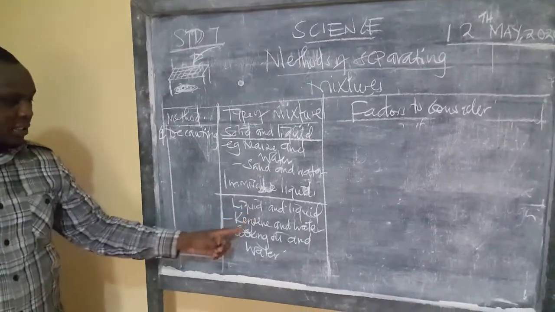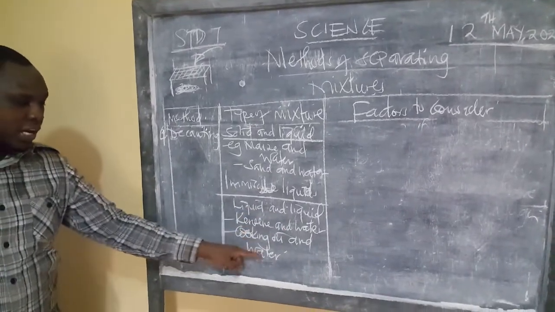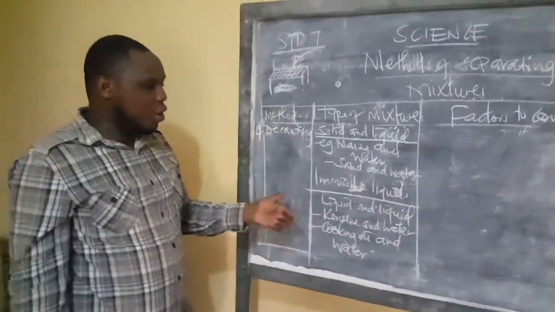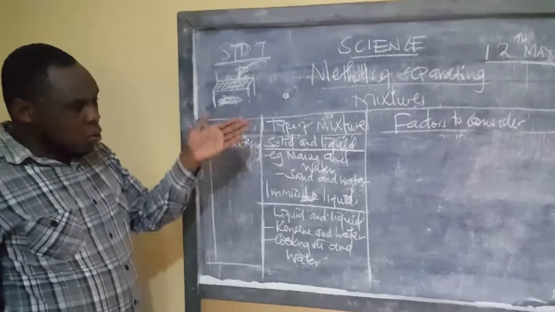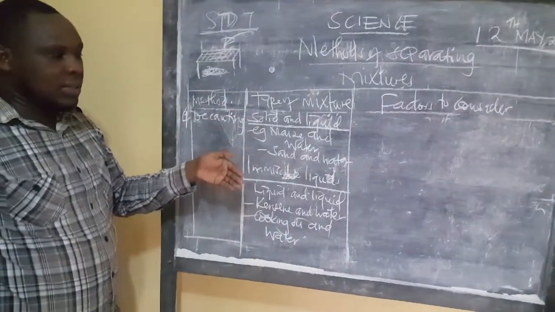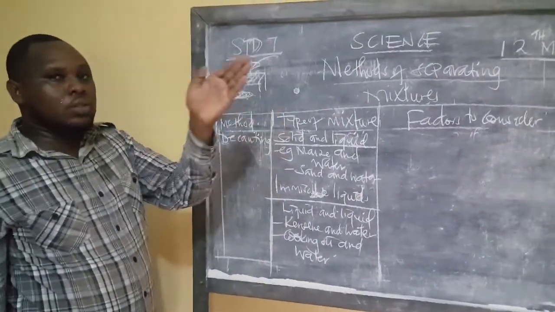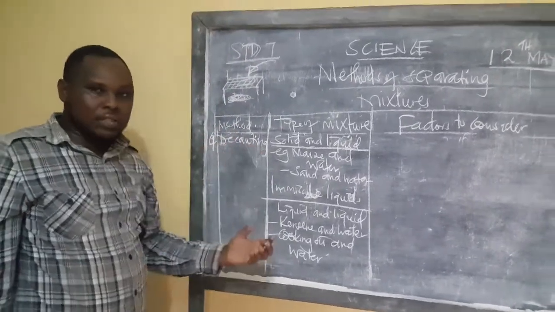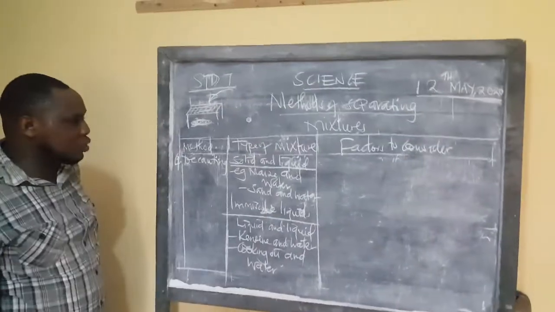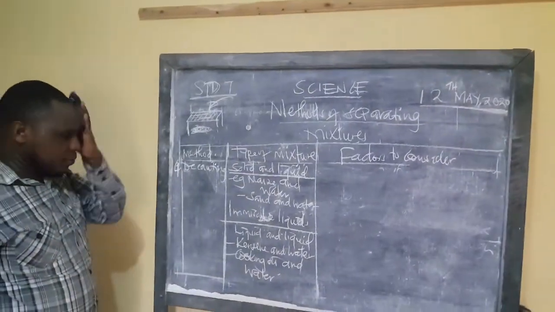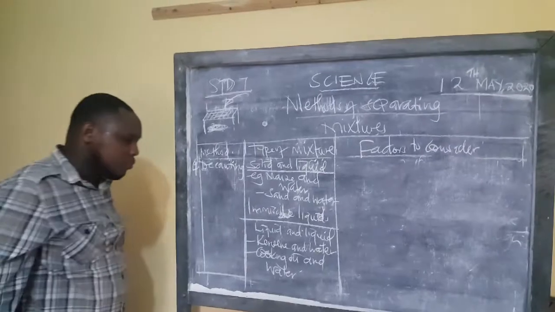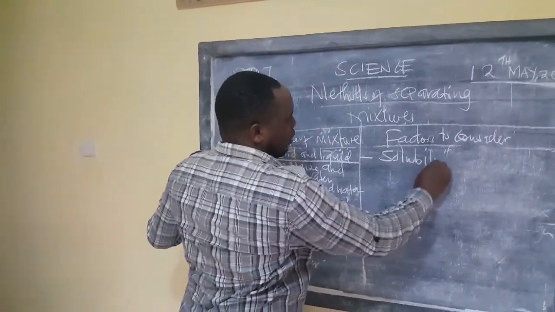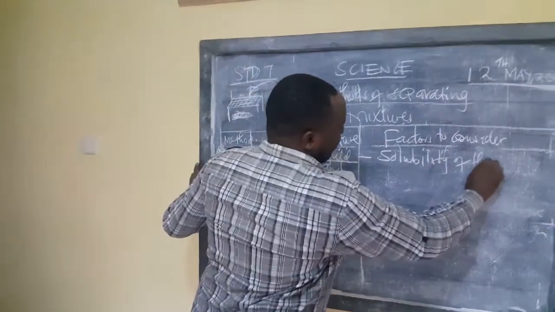These mixtures are forming layers. They are not forming a solution. And therefore, we can decant to get one liquid on the other side and leave the other one. The less dense goes on one side, and then the denser liquid, which is the one which is heavier, is left. So let's see the factors to consider. Now, because we have solid and liquid, here we consider the solubility of the materials.